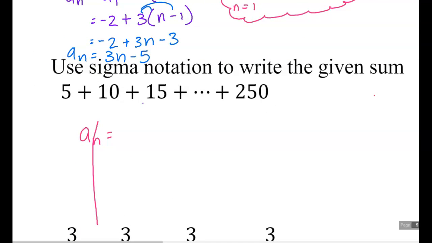But if you think of the relationship between the term value and the term number, sometimes it makes it easier to write down the definition. So notice the relationship between the term and the term number here. What do you see?